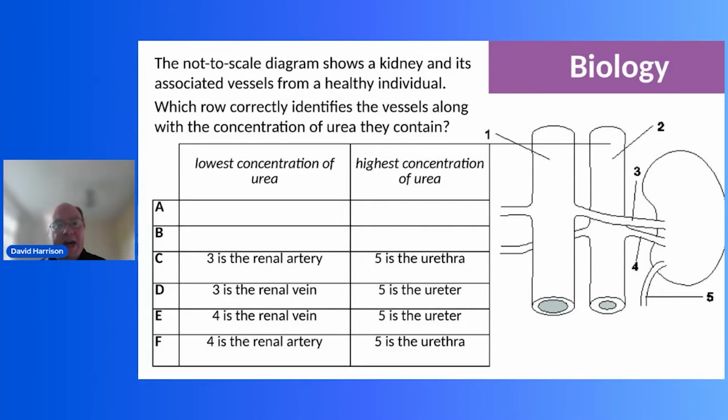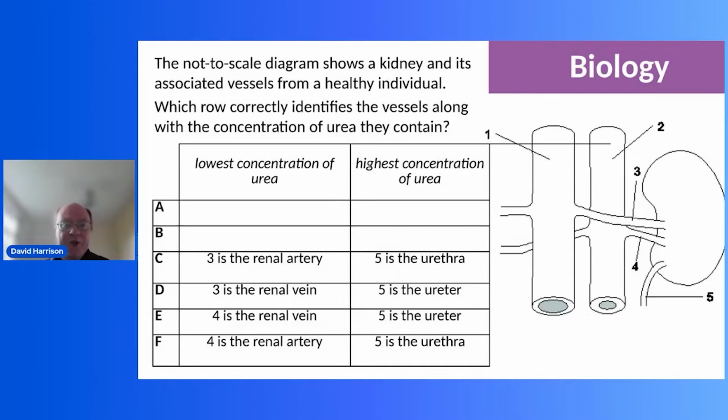So we're now looking at options C, D, E, and F. You can see that, still keeping with that second column, all of them are focused on number 5 in the diagram and what that is. If you think about your knowledge of the kidney, it's saying that 5 is either the urethra or the ureter.